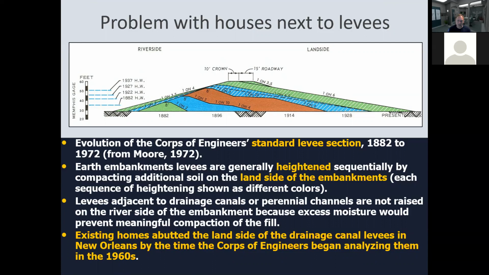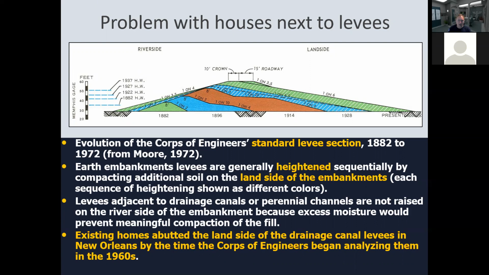The challenge with levees is what type of slope do you need on the side of the levee away from the water? And the challenge with that is, in some cases, we've built right up next to the levee. In some cases, we've built houses on this body of water that for most of the time was okay until there was substantial flooding, and then it wasn't okay.